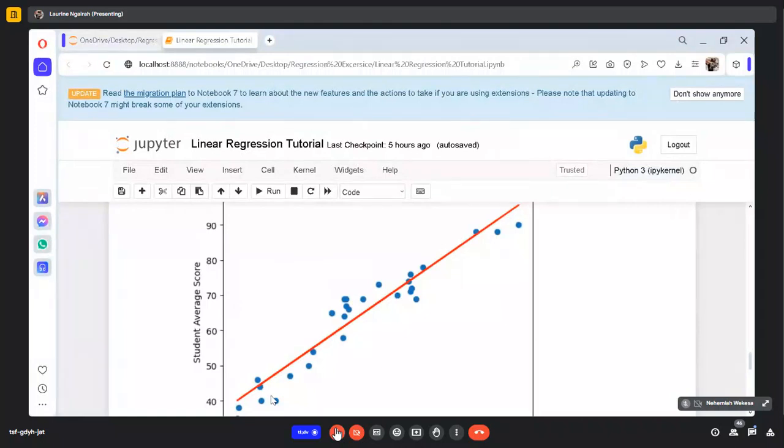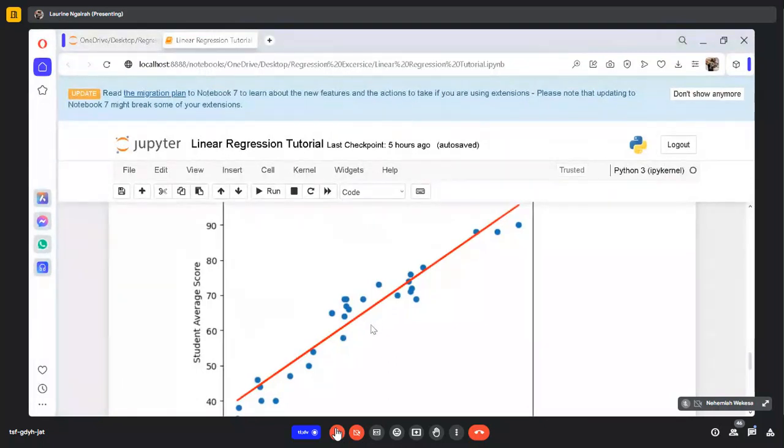So whenever we plot a line between those points, the distance between the line and the points will always be less. That's the least distance we have. Yes.